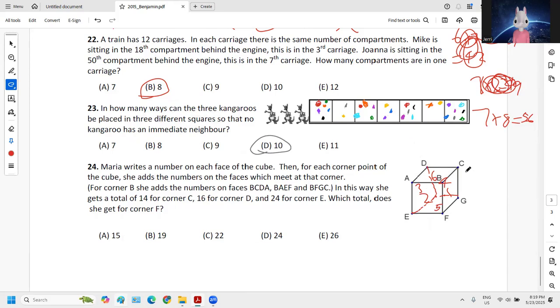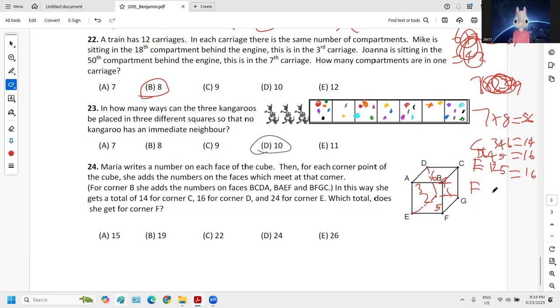So now C would have been 3, 4, and 6. Like imagine X, Y, and Z, but instead we're going to use numbers, equals 14. And then D would be 6, 4, and 5 equals 16. And then E, 1 plus 2 plus 5 equals 16.